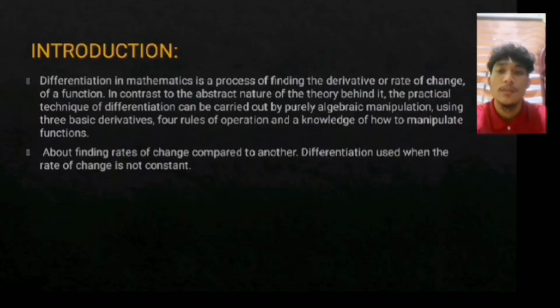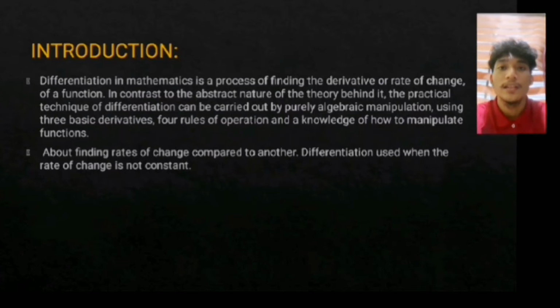Assalamualaikum, my name is Muhammad Azam bin Amsar. My matric number is 09DKM20023. Firstly, introduction. Differentiation in mathematics is a process of finding the derivative, or rate of change, of a function, in contrast to the abstract nature of the theory behind it.